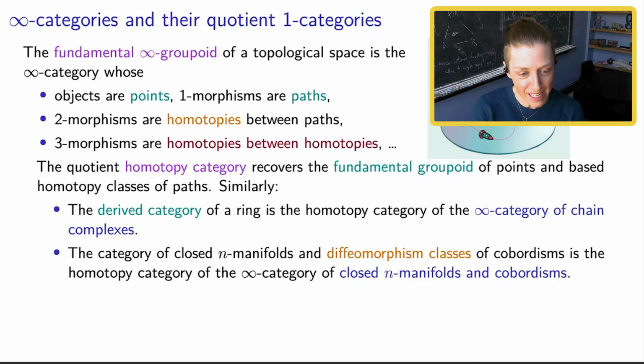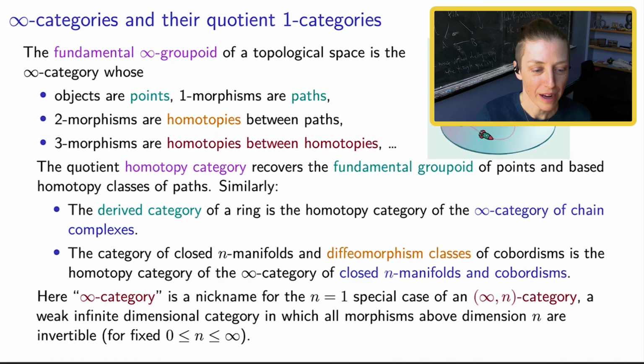That is, again, a homotopy category of an infinity category of closed N-manifolds and cobordisms. Here I've removed the diffeomorphism classes, and I'm including that as the data of the higher morphisms. So this is a pattern in mathematics: certain complicated, frankly poorly behaved ordinary categories are now understood as the quotient homotopy categories of some infinite dimensional category.